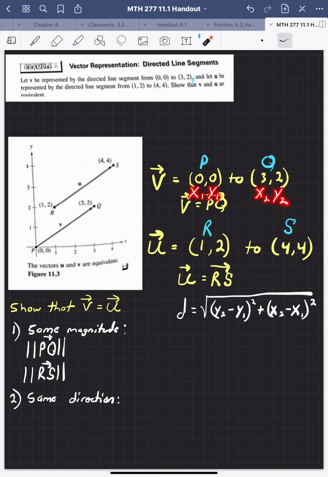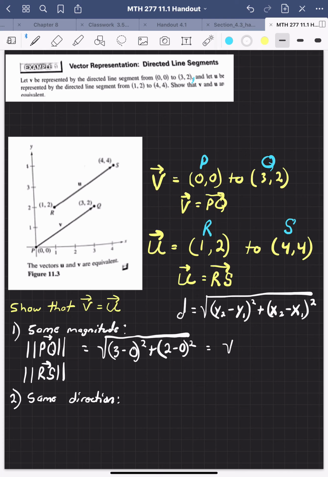Once we have them labeled, we can then simply plug each into the distance formula. So let's try to move quickly through this. That gives us the square root of, y sub 2 is 3, minus 0 squared plus 2 minus 0 squared, which is simply the square root of 13.